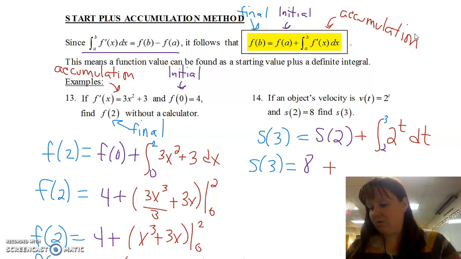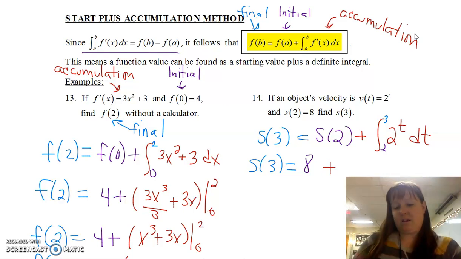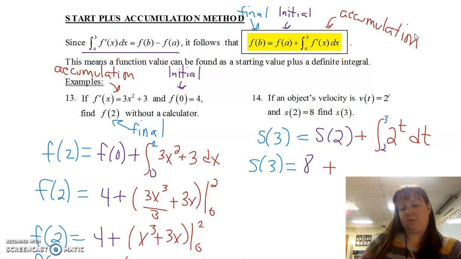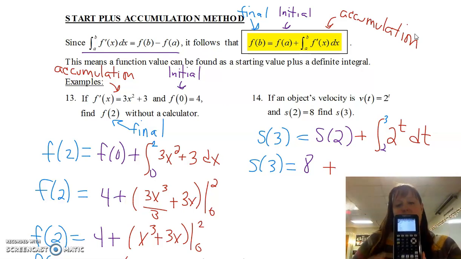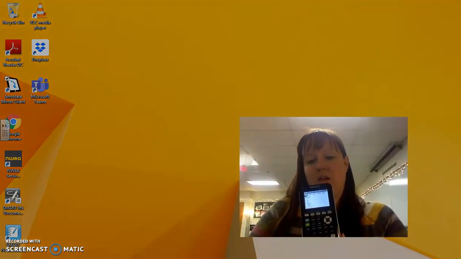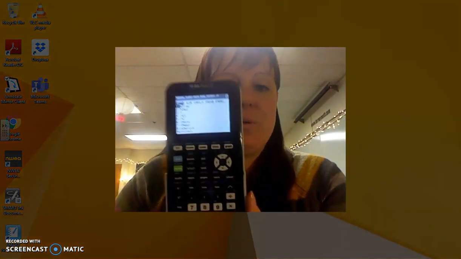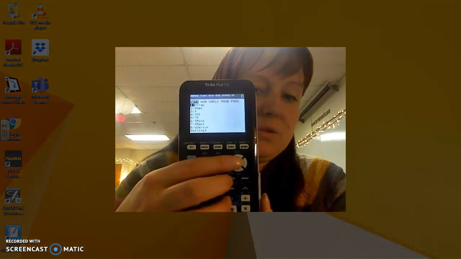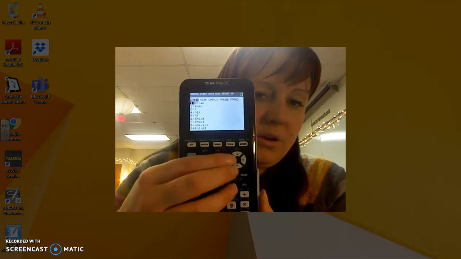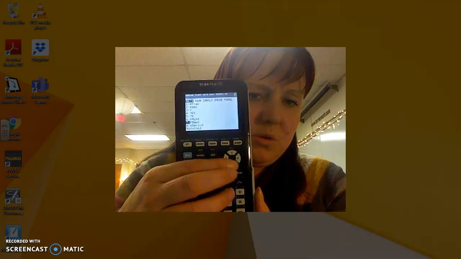So what we're going to do is go to y equals. Actually, no, we're going to go to math. Remember, because the math menu is much more accurate. Let me get big. Okay, so we go to math. We scroll over, we go down to integral.